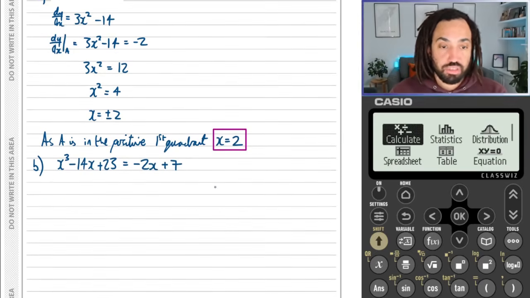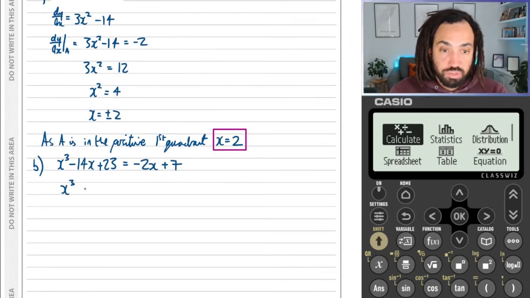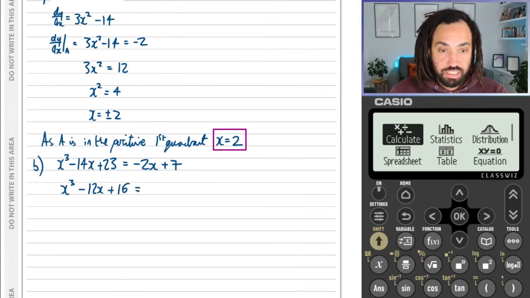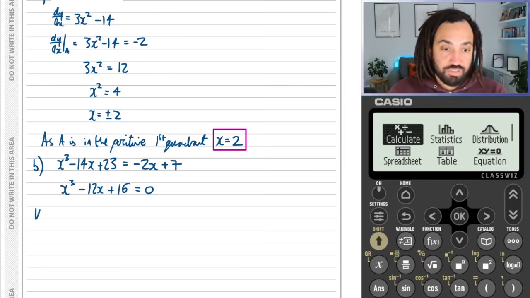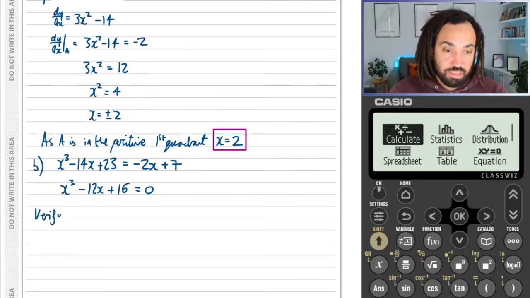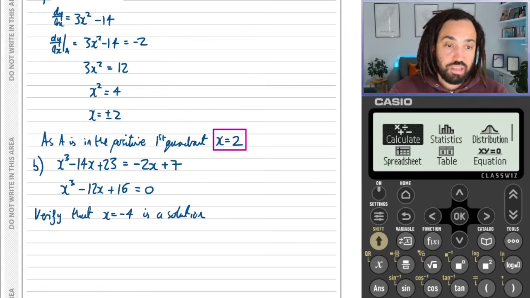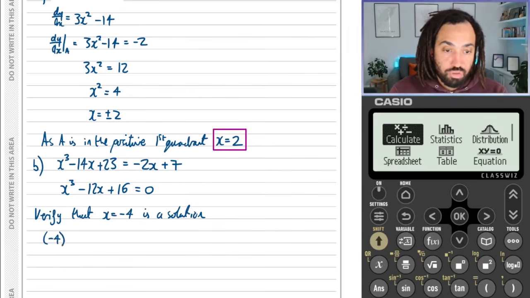Okay, so let's just move this all over to one side by adding 2x to both sides, minusing 7 to get x cubed minus 12x plus 16 equals 0, and then let's verify that x equals minus 4 is a solution, and we can do that by subbing in minus 4 and hoping that we get 0.